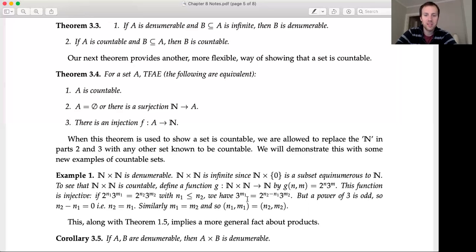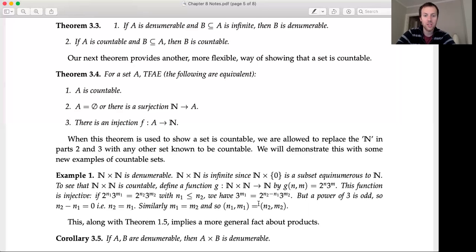But if these numbers are equal, this one is odd, so this one also has to be odd. And the only way for it to be odd is to not have this power of 2, which means n2 minus n1 is 0, so n2 and n1 are equal.